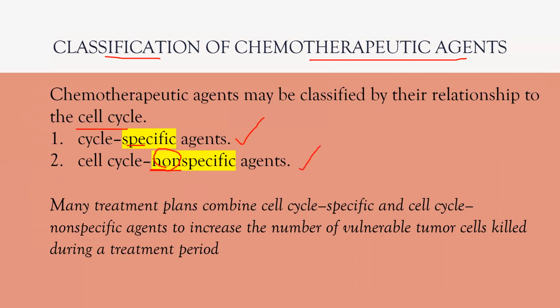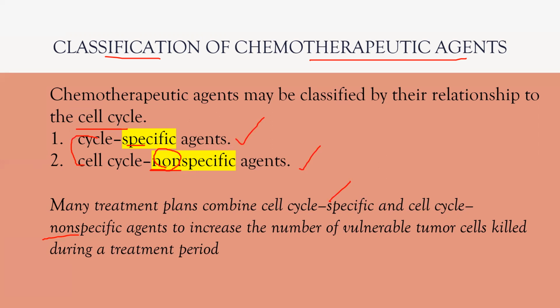Ito yung wala po silang kinalaman dun sa cell cycle pero kaya pa rin po nilang patayin yung actively proliferating cells. These agents usually have a prolonged effect on cells, leading to cellular damage or death. Many treatment plans combine these two, the cell-specific agents and the cell cycle non-specific agent, to increase the number of vulnerable tumor cells killed during a treatment period.